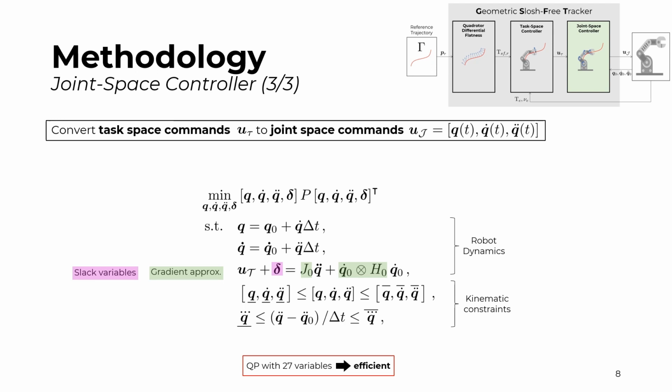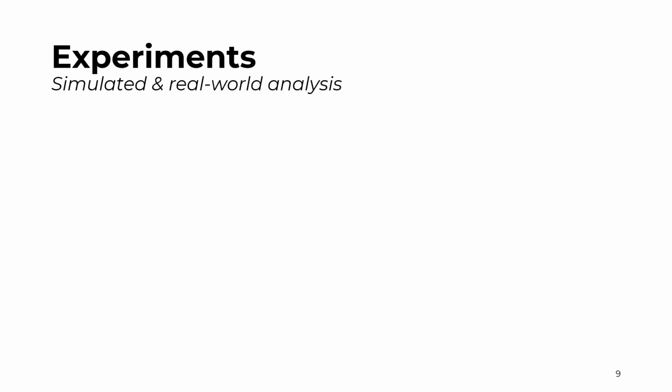To assess the validity of our method, we conduct simulated and real-world experiments on a Franka Emika Panda robot. When doing so, we compare our method against a non-slosh-free variant, where the part based on the quadrotor's differential flatness is deactivated.